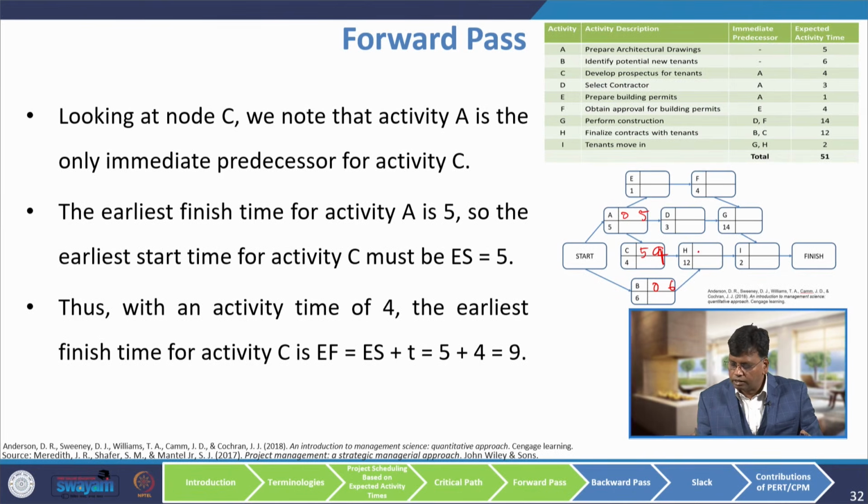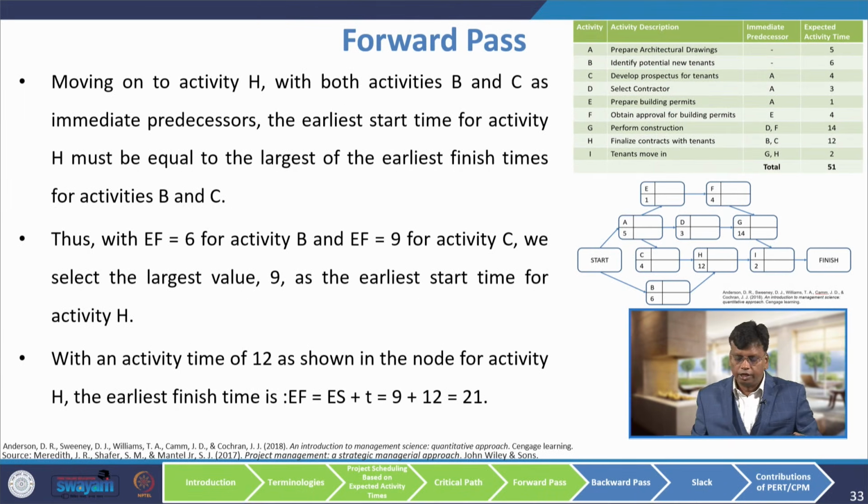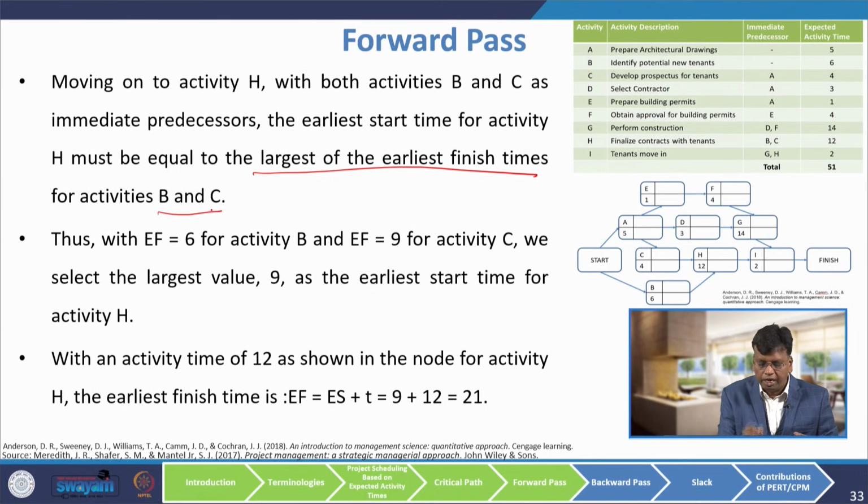Which is larger? 9 is larger, so 9 will be the earliest starting time of activity H. Moving to activity H, with both activities B and C as immediate predecessors, the earliest start time of activity H must be equal to the largest of the earliest finishing time of B and C. The earliest finishing time is 6 for activity B and 9 for activity C. So we select the largest value, 9, as the earliest starting time for activity H. The duration is 12, so it will become 21.